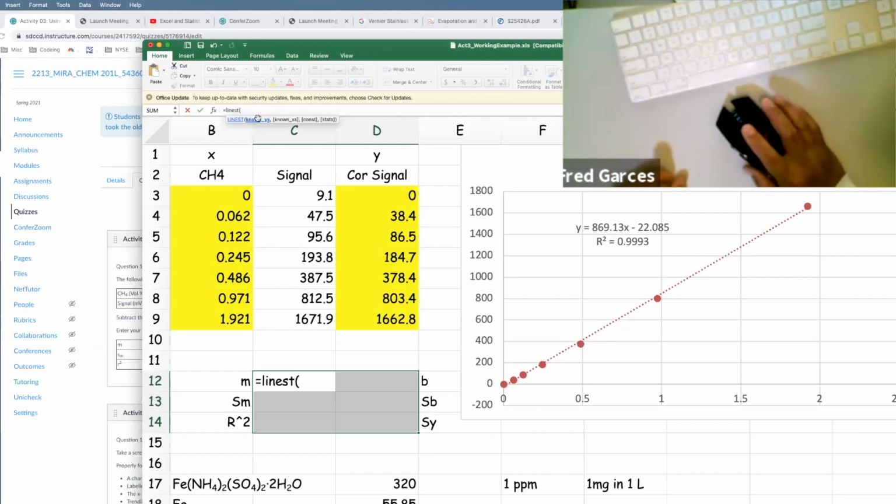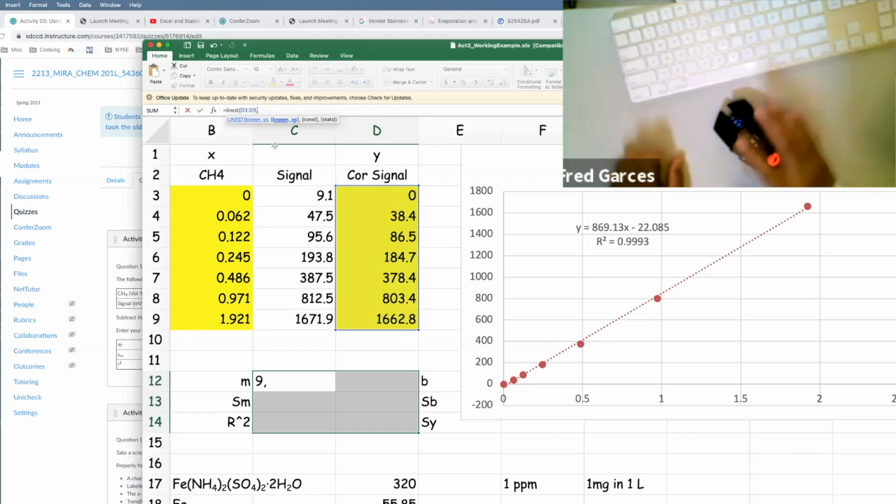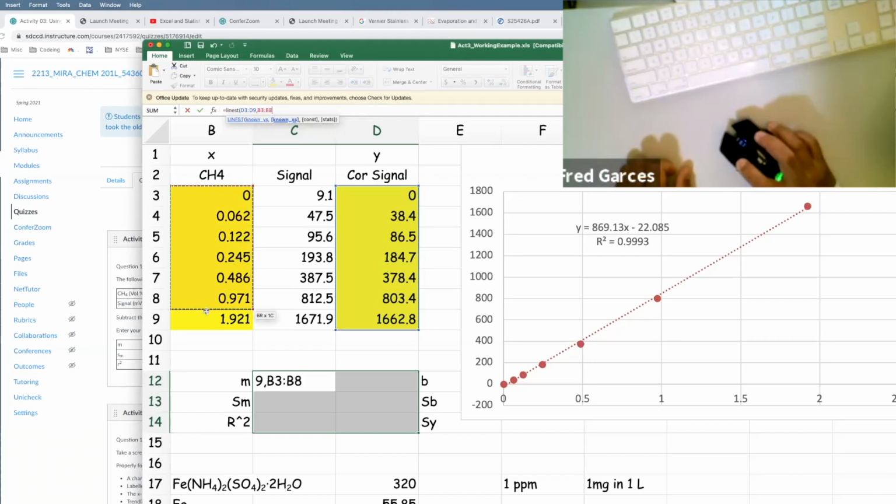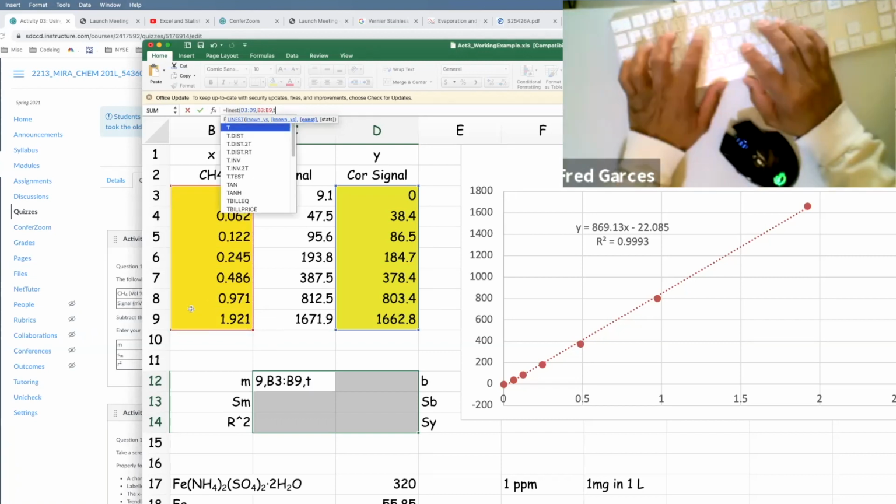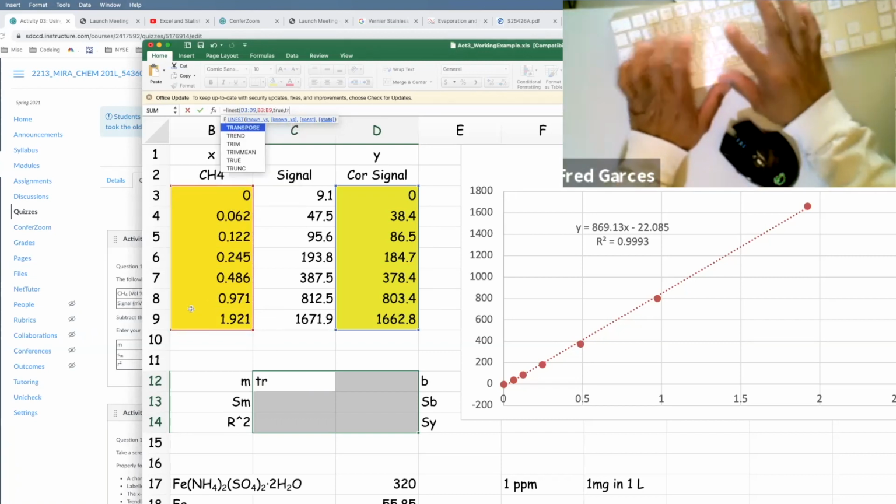If you look really closely, it tells you known y's, and these are my known y's, and then comma, known x's, it's this right here. I'm going to highlight that, comma, true, comma, true.